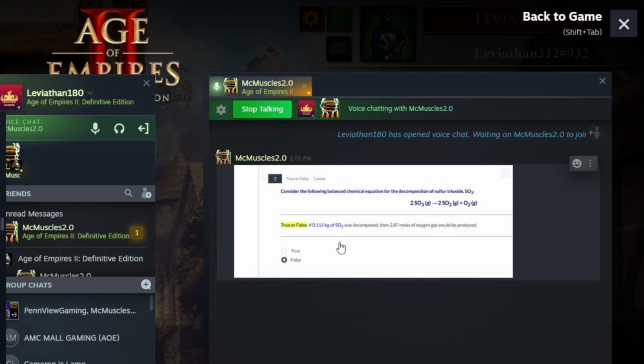Okay, what would happen if we took the earlier number and times it by 2 instead of dividing it by 2? Would that have given the 2.87? Is that where the trick is?